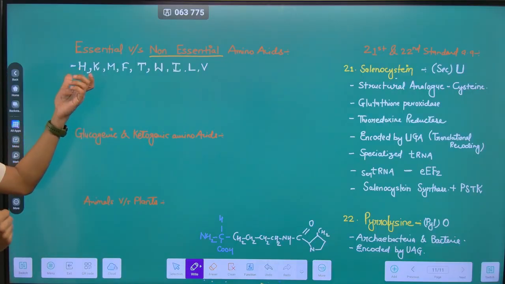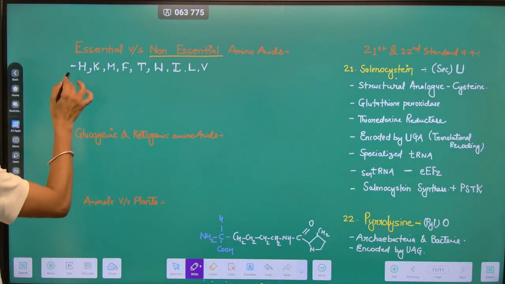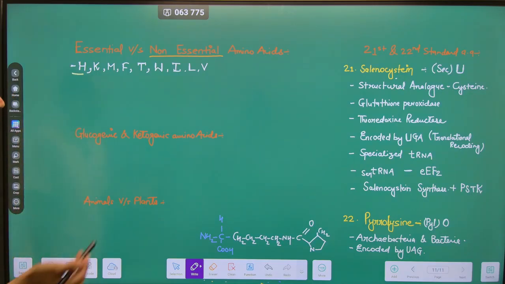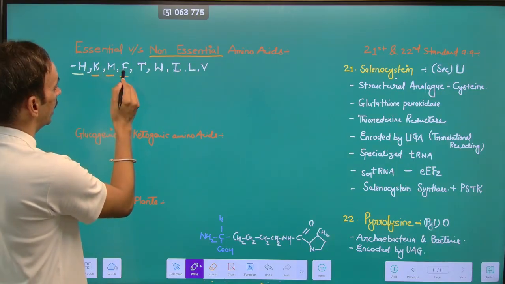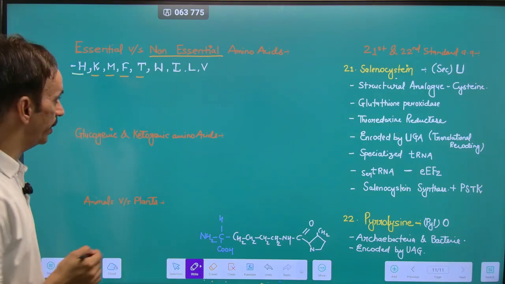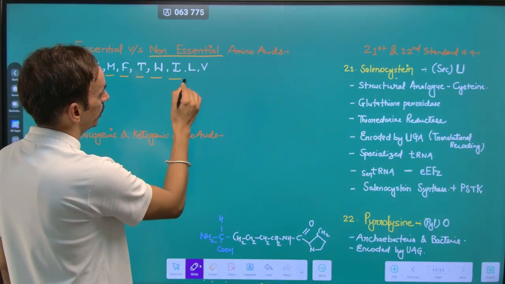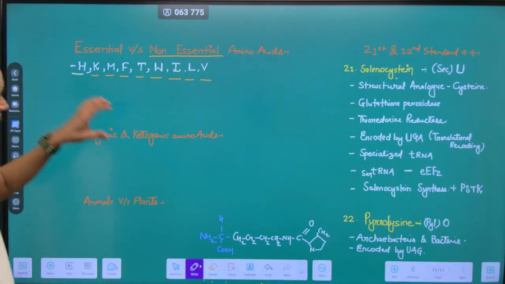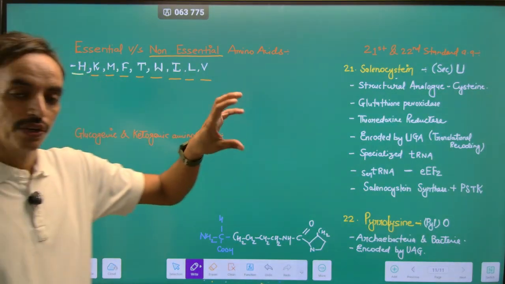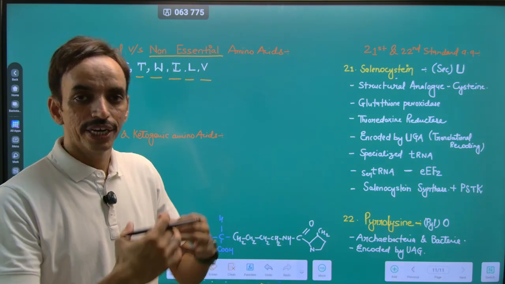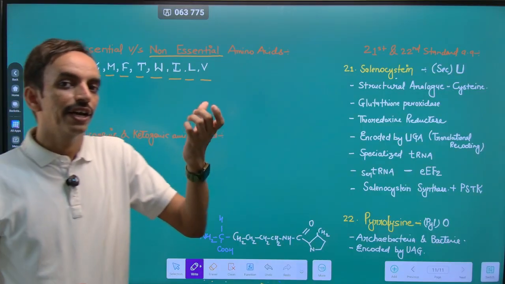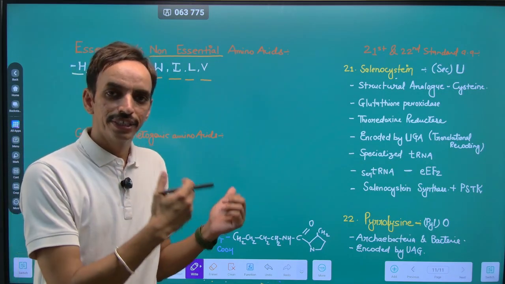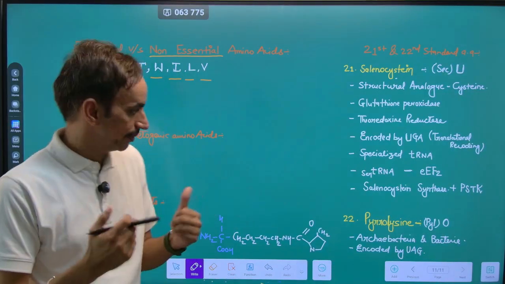The essential amino acids include histidine, H for histidine, lysine, M for methionine, phenylalanine, T for threonine, tryptophan, isoleucine, leucine, and valine. So these are the essential amino acids which we require from an outside source. Our body is not able to synthesize these amino acids. That's why they are essential. All remaining standard amino acids are non-essential.